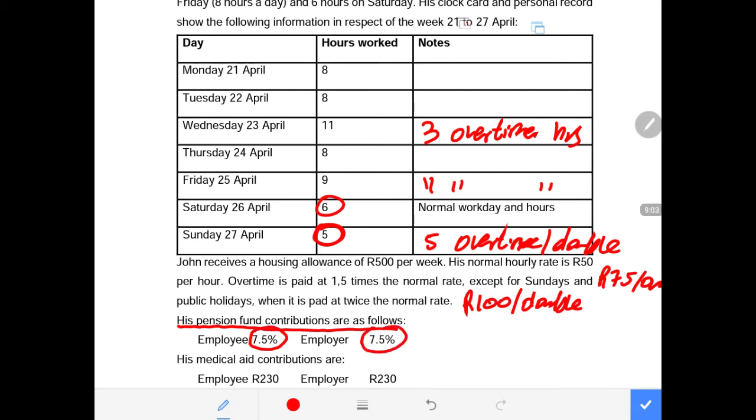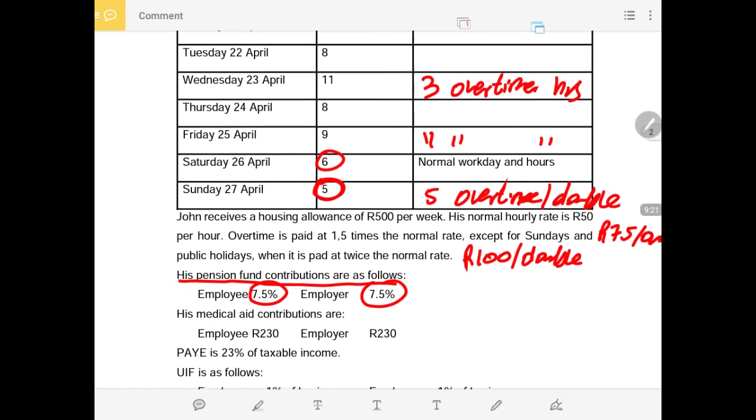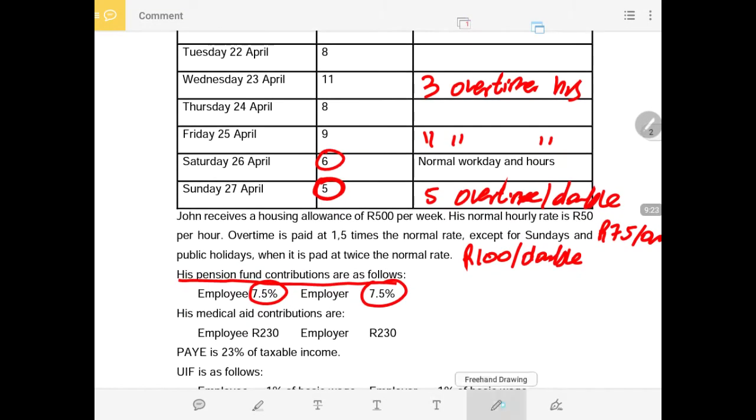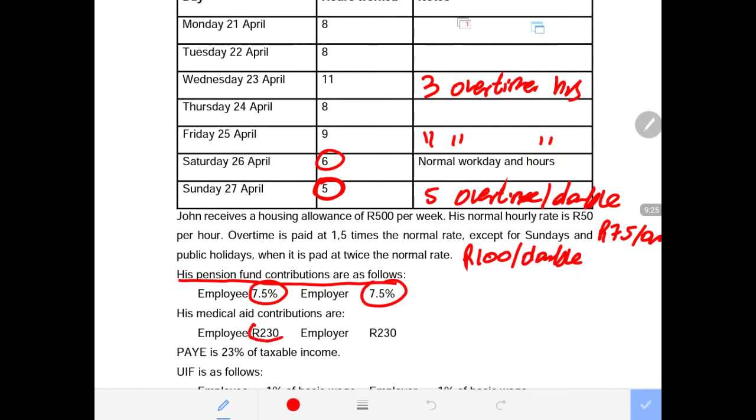Now, pension fund, when you read your book, is the first deduction to be made just after your gross income, and it's a non-tax deductible deduction. Then after that we have medical aid, of which we are given 2/3 contributed by the employee and 1/3 contributed by the employer.